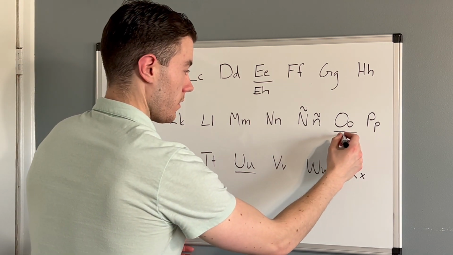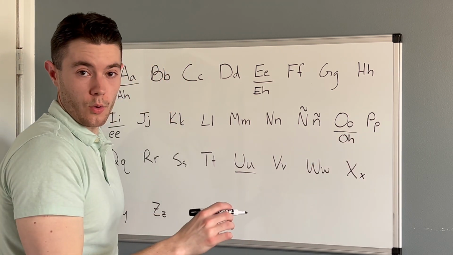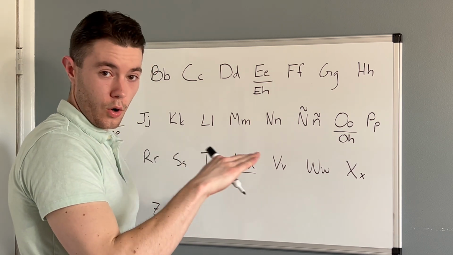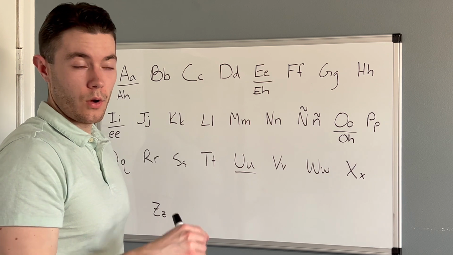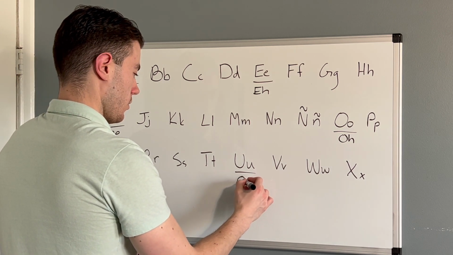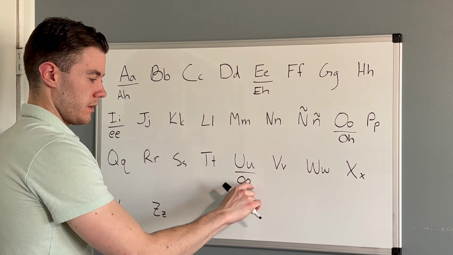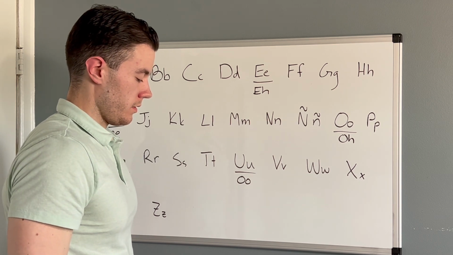O. And that's short, it cuts off quickly, it's short, not the long O. U. A lot of times, 2 O's make oo in English.